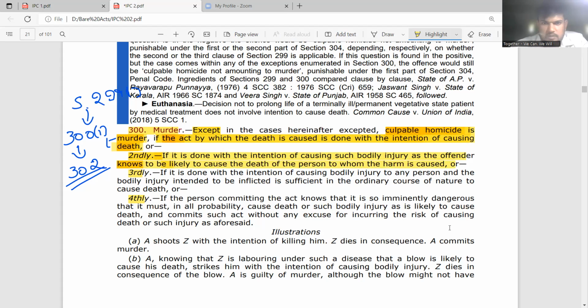Okay, then we have thirdly. In thirdly, we have if it is done with the intention of causing bodily injury to any person and the bodily injury intended to be inflicted is sufficient in the ordinary course of nature to cause death. Okay.